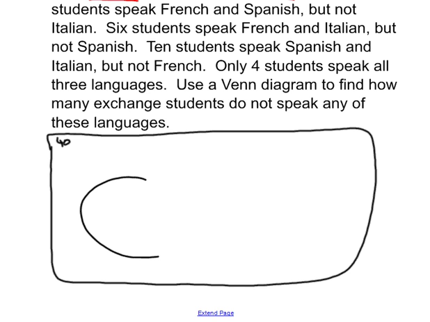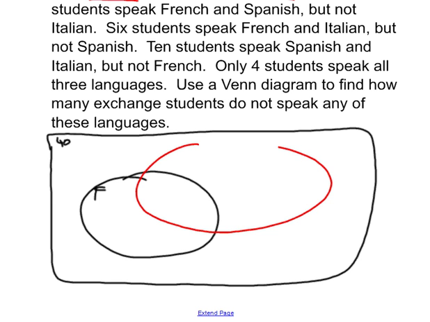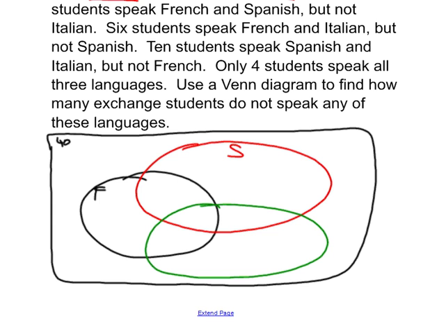This circle, we're going to say, are those that speak French. This circle are those that speak Spanish. And this circle represents those that speak Italian.